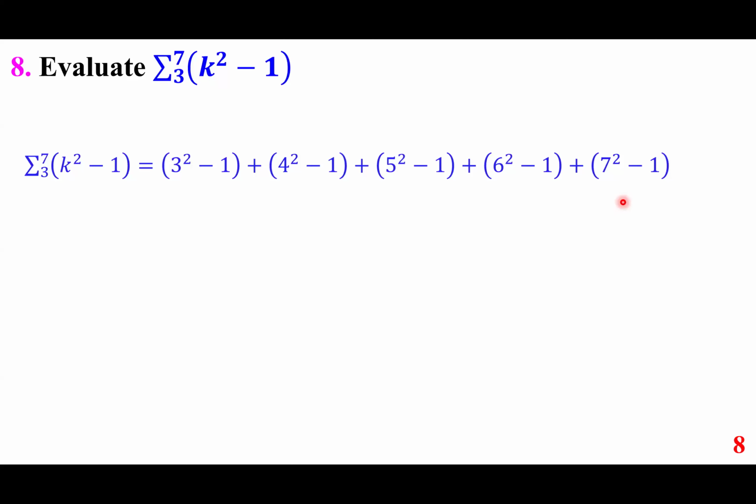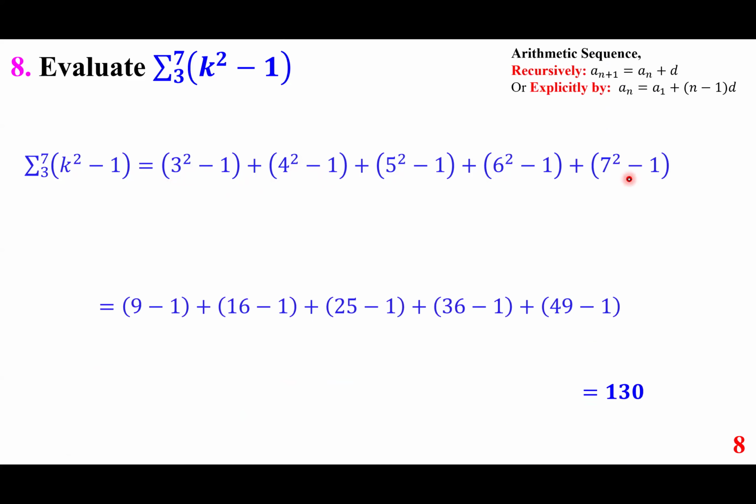Now, of course, just do the math. This is 9 minus 1, 16 minus 1, 25 minus 1, 36 minus 1, 49 minus 1, add them up, and we get 130.